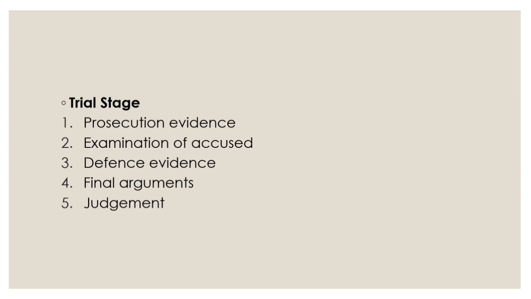The accused is then asked to plead guilty or not guilty. Prosecution presents evidence and witnesses, and the accused has the chance to question them. The accused may also present defense evidence to prove their innocence. Finally, both sides give arguments before the court, and then the case is decided.